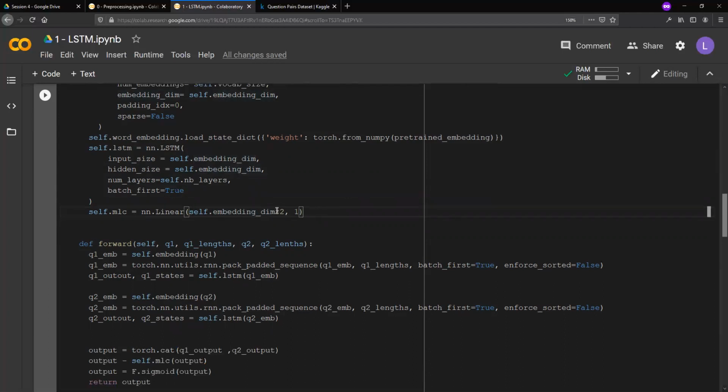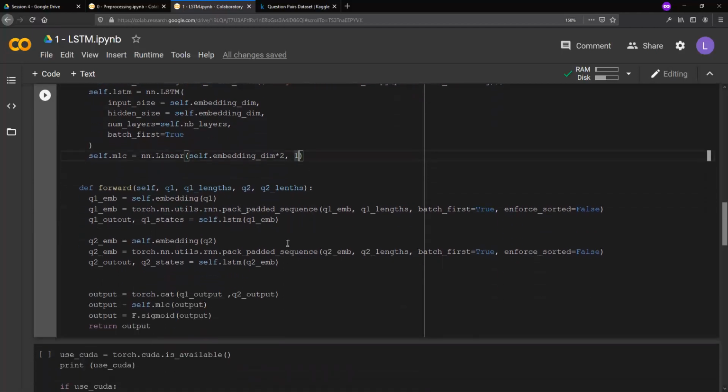The reason why we multiply is the fact that we're using the same LSTM to generate the latent representation for question 1 and question 2. And the number of neurons in this classification layer is just 1 because we're just doing a binary classification problem.